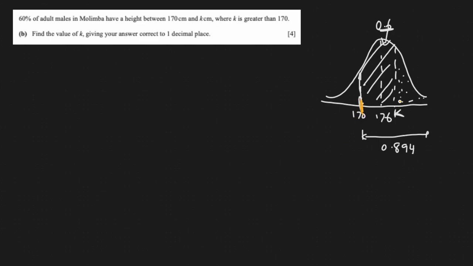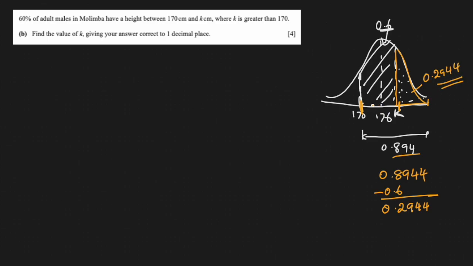From here to here is 0.6, and up to here is 0.8944. So 0.8944 was the number, right? Minus 0.6 will be 0.2944. This area's probability is 0.2944. That's what we conclude from here.